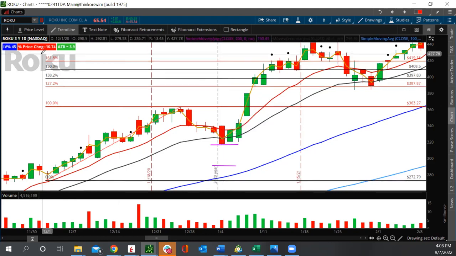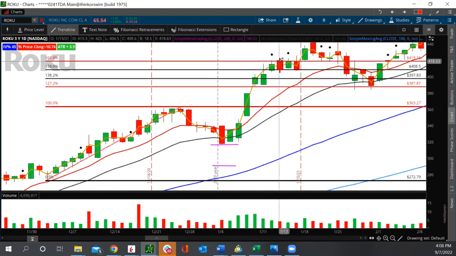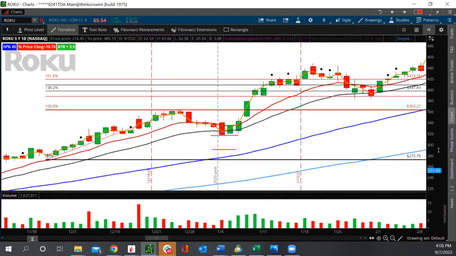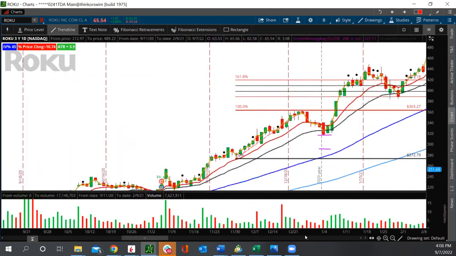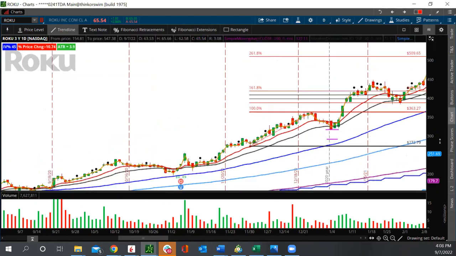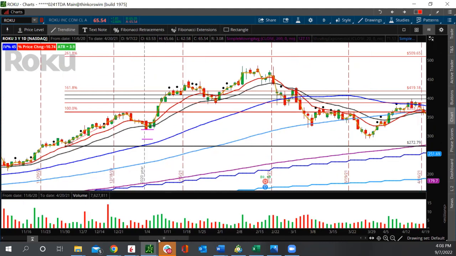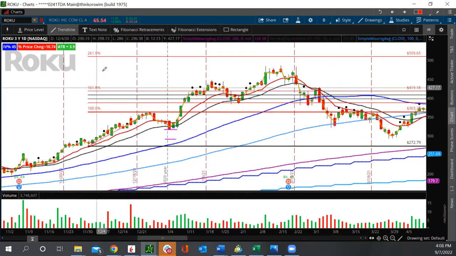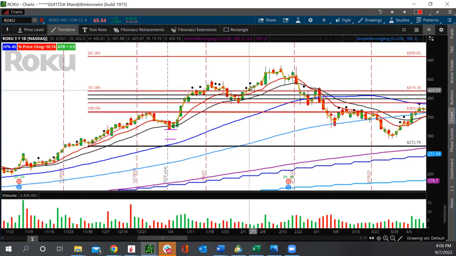Next level after that is 161.8. And then you could take some off here. And then ultimately, you'll see that it makes a big jump here. But the next target beyond the 161.8 is the 261.8. Now, it didn't hit it, but that would have been the ultimate target, if it was going to run like that.